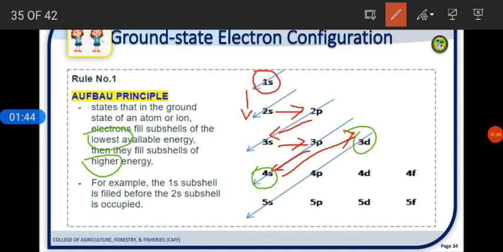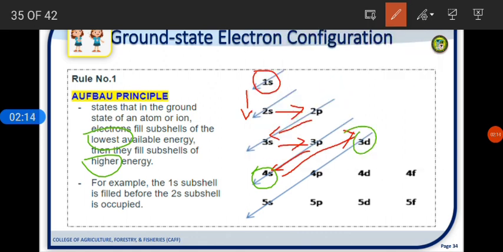So let's go back from the top. From 1s down to 2s. Then from 2s, next is 2p. Then from 2p, we will go to 3s. Next to 3s is 3p. Then next to 3p is 4s. Okay? And then after 4s, you will go up to 3d.